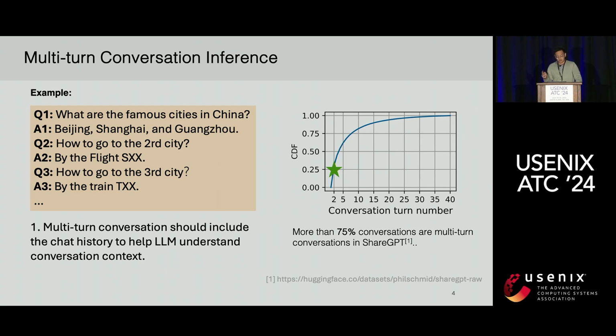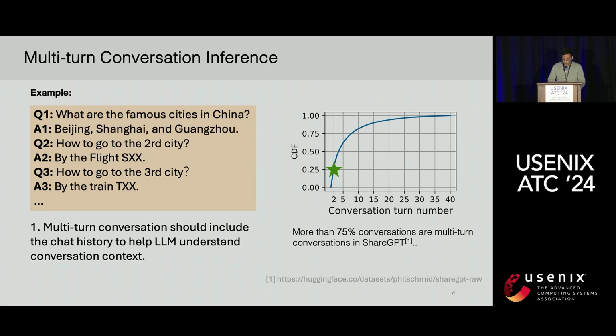And the LLM needs to read the chat histories of all the questions and answers to understand the context and then make the answer. We analyzed ShareGPT, a real dataset from ChatGPT, and we can see more than 75% of conversations are multi-turn conversations. So multi-turn conversation is a very common application.